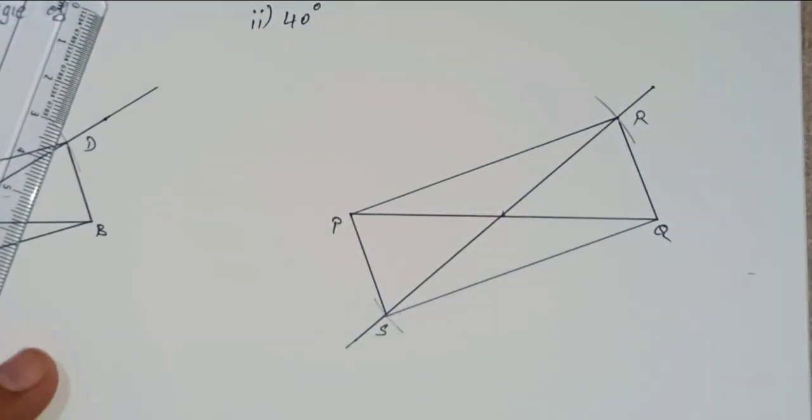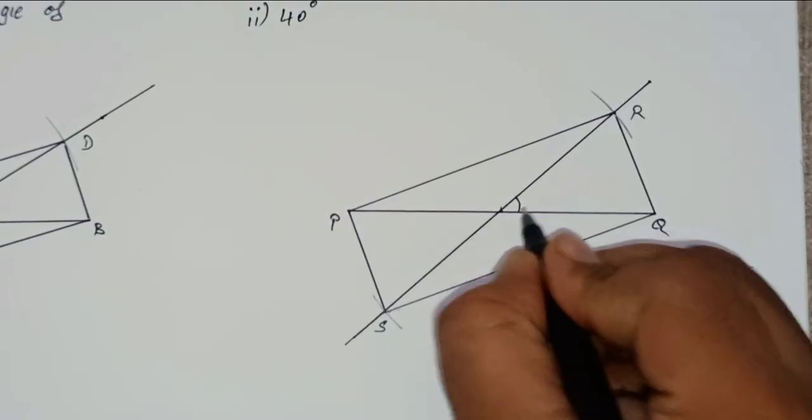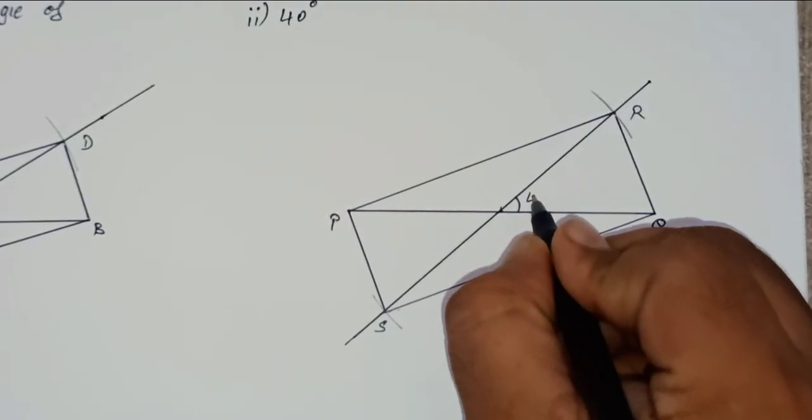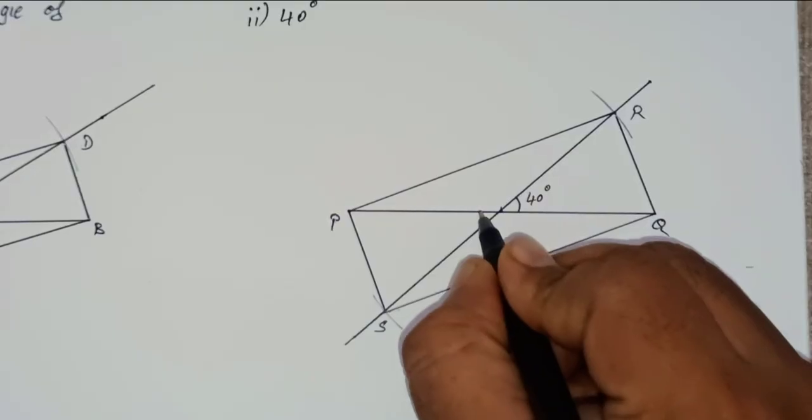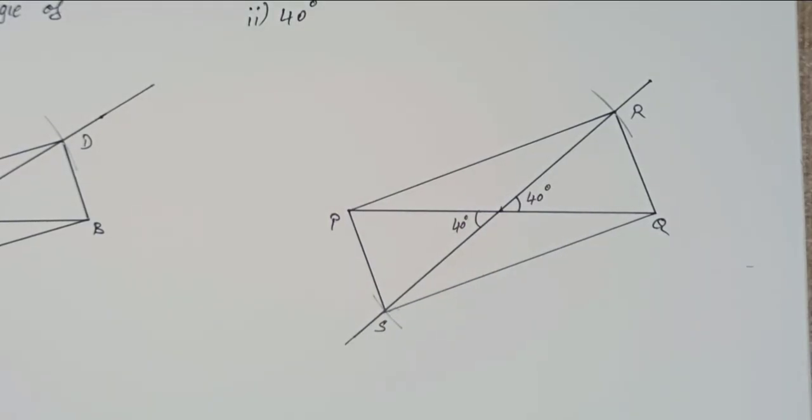Okay, right. So this is the given quadrilateral of angle 40 degree, and of length 8 centimeter.